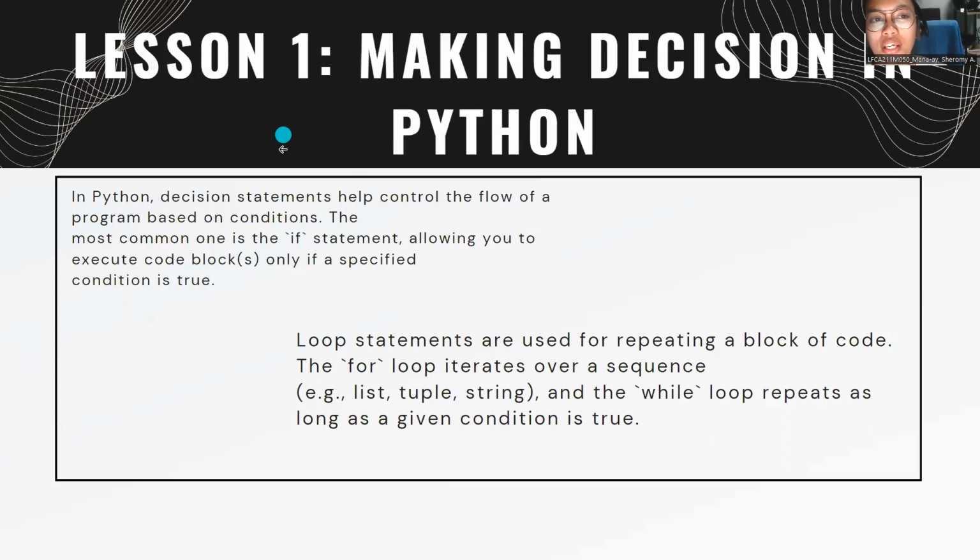Let's get on with Lesson 1, making decisions in Python. In Python, decision statements help control the flow of the program based on conditions. The most common one is the if statement, allowing you to execute a code block if and only if the specified condition is true.